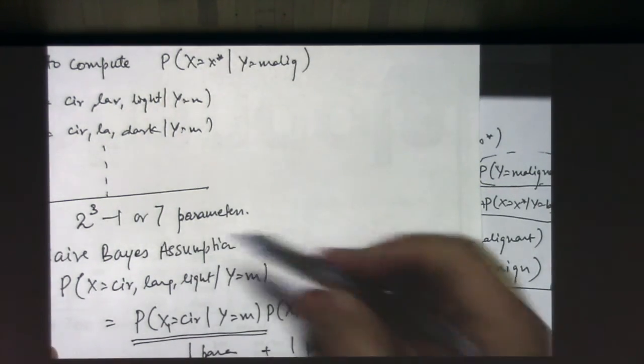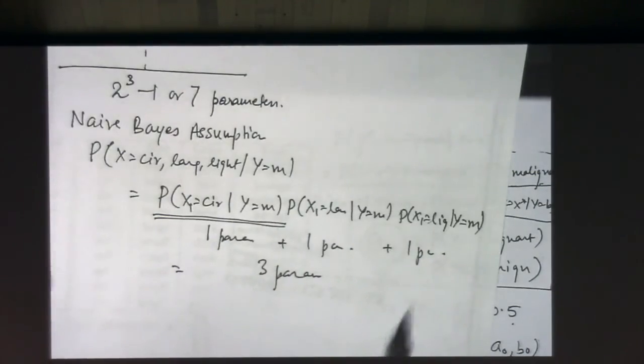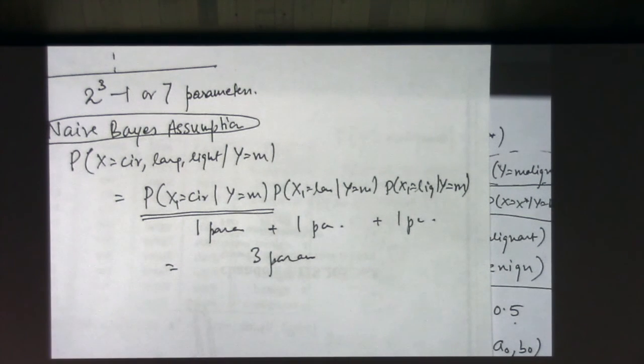So instead of 7, you now need 3, right? In general, if you had d attributes, you would just need d parameters, right? So from 2 power d, suddenly you jump down to d. And also you need much less data. So that is why the naive Bayes assumption helps. Of course, it's not a free lunch, right? Because you are indeed making a very strong assumption.